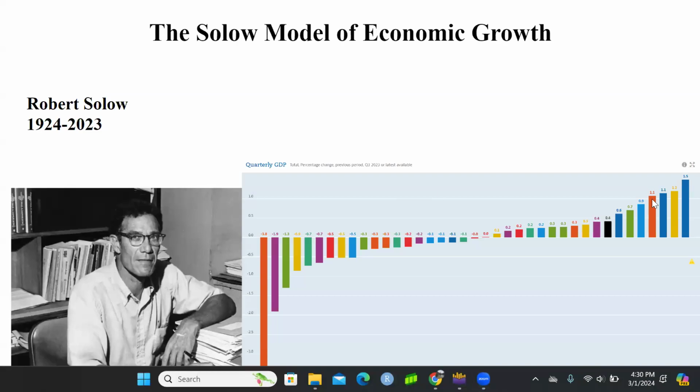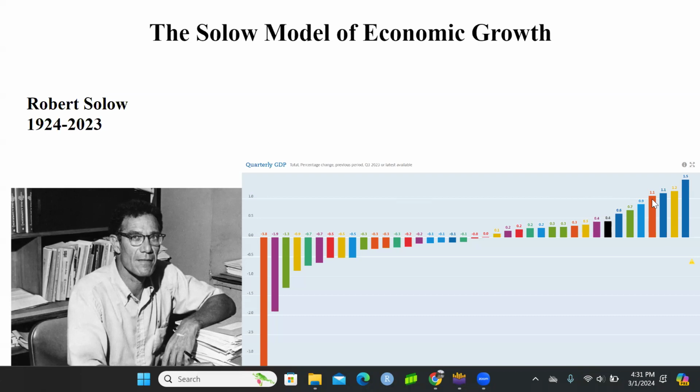Hi, so today we're going to talk about the Solow model of economic growth. This is going to be a really simple overview of the model. This will give you just a feel for what it has to say and what the inputs into this economic model are.